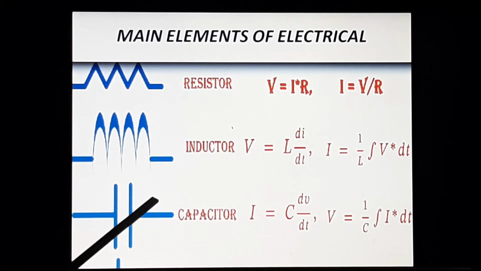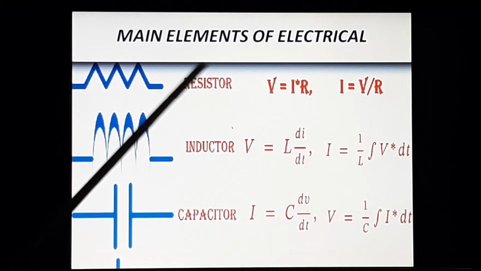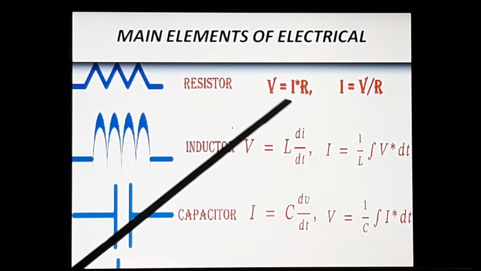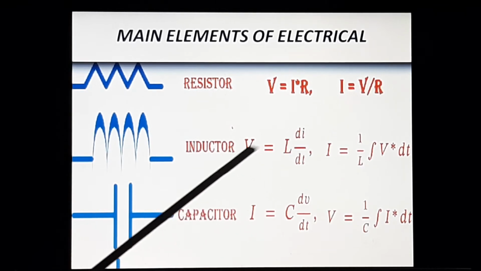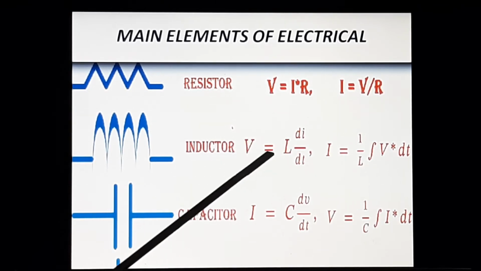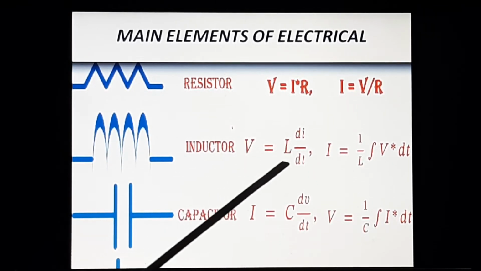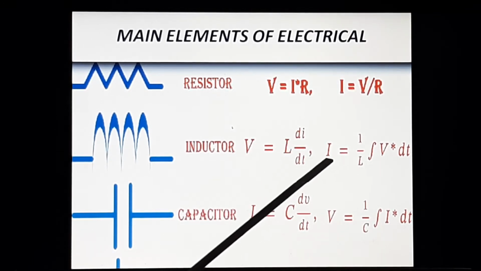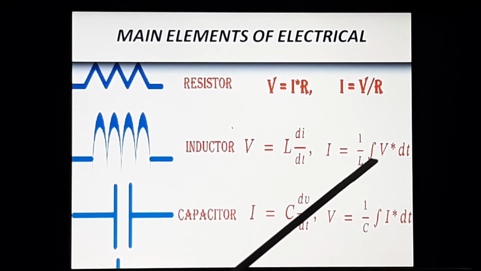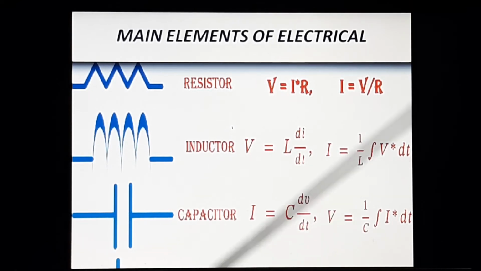Now this is the sum of the relation in between voltage and the current. So here V is equals to I into R. So we can say that I is equals to V by R. In the inductor, voltage across inductor is equals to L di by dt. I can write another way, I is equals to 1 upon L integration of V into dt.